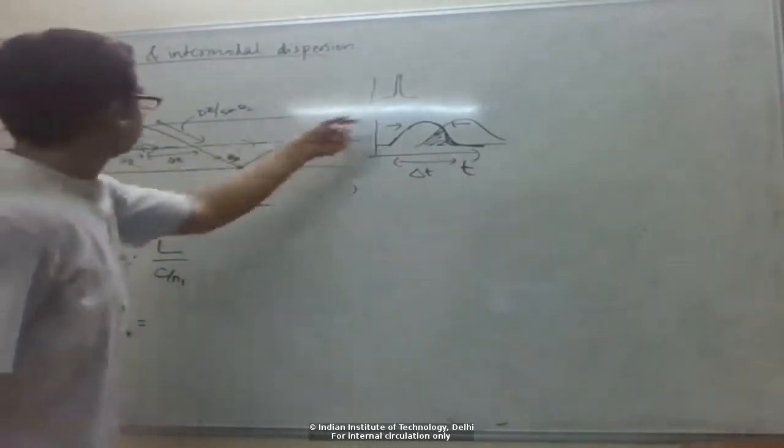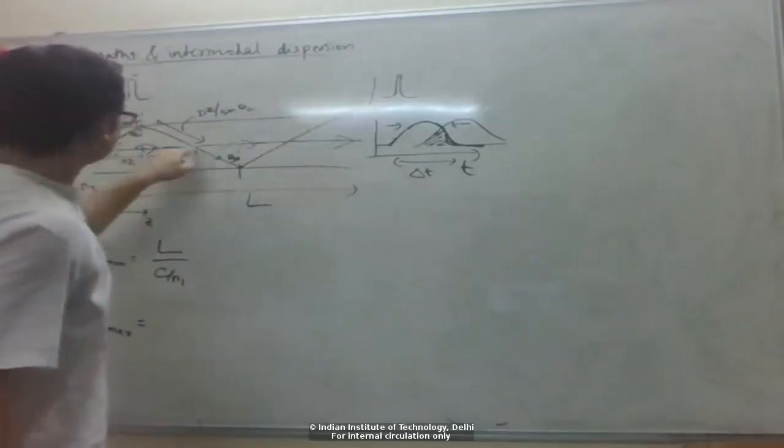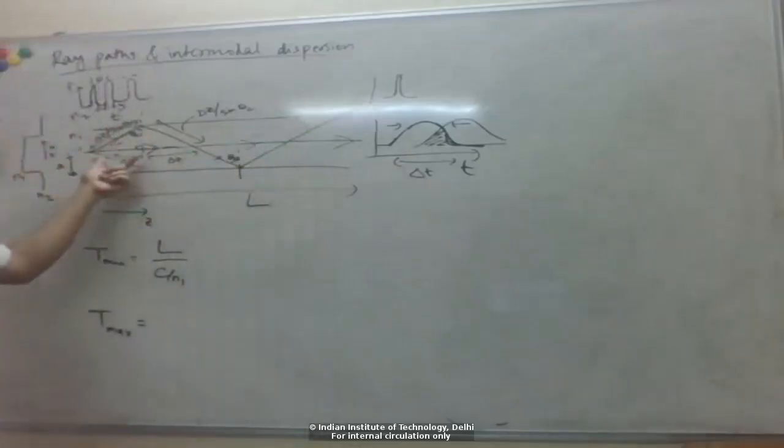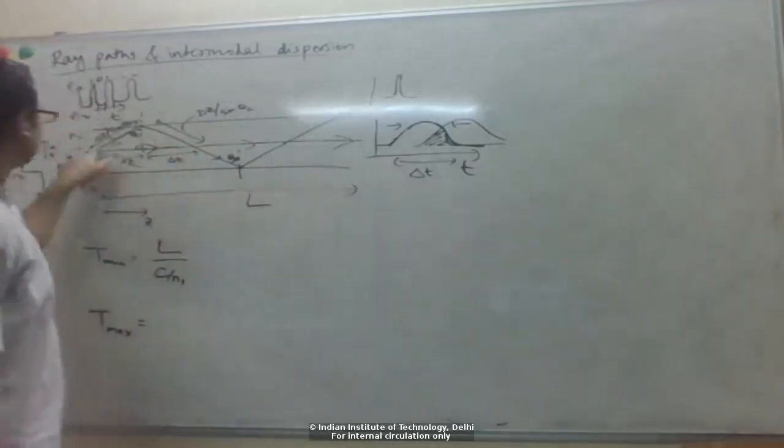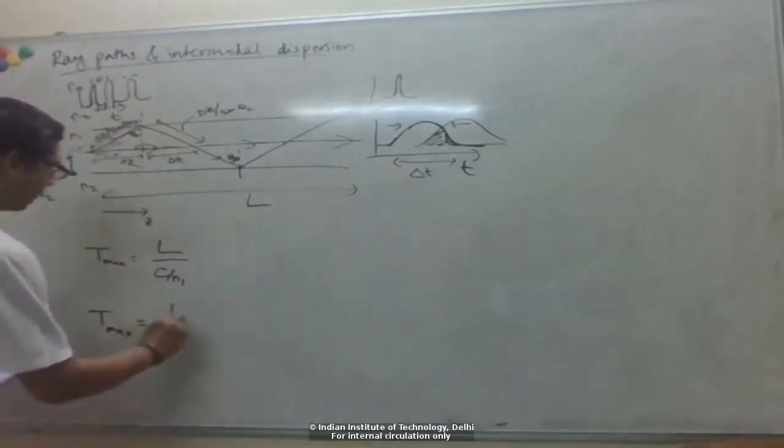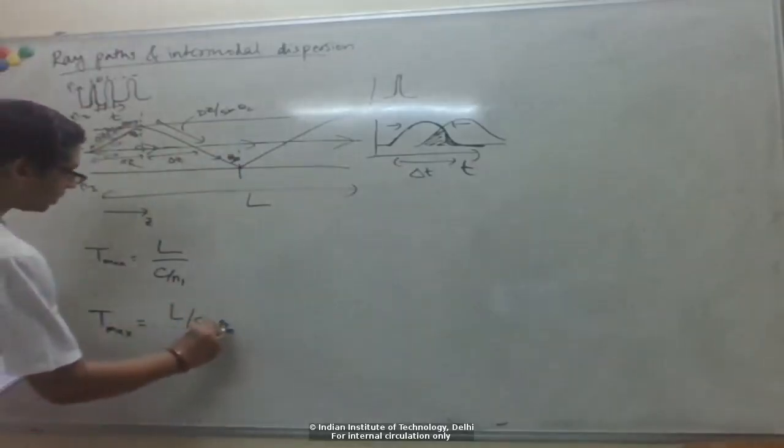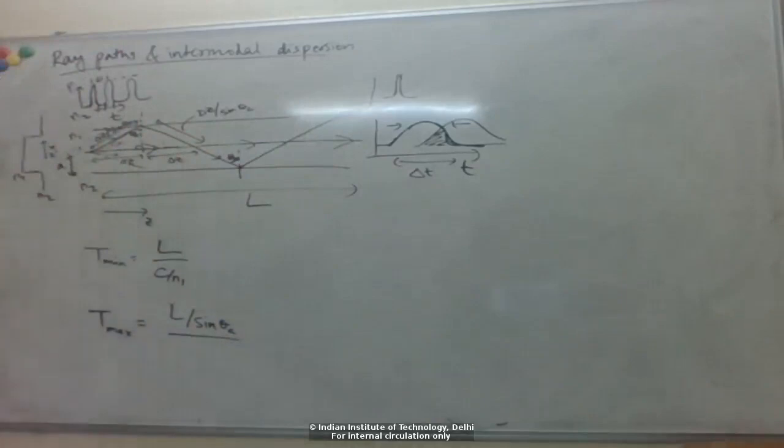So what is the total distance traveled by this ray? It's just adding up all these segments. You add up all the delta z, which will add up to L, so the total distance will be L over sine theta c, and then the speed is the same.